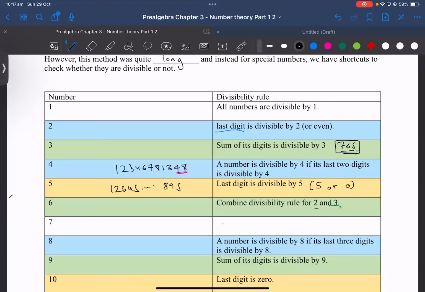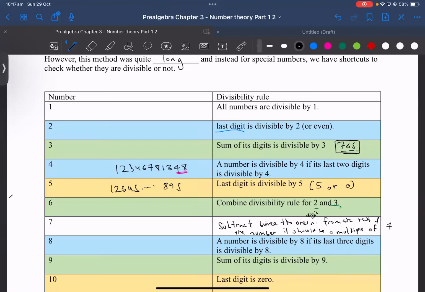Okay, so if you subtract twice the units digit, the ones digit, from the rest of the number, it should be a multiple of 7. I'll give you an example.